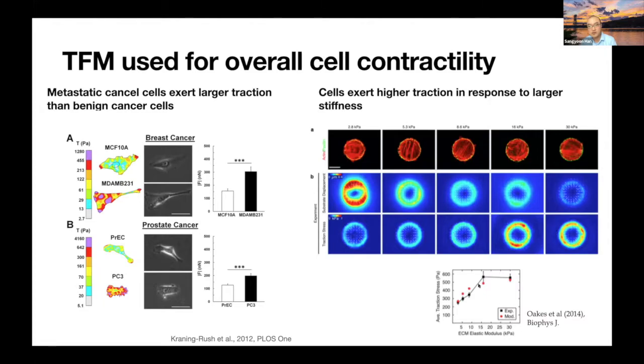They found that there's an increase in traction stress up to about 16 kilopascals of Young's modulus, and then it stays there at the higher stiffness regime. They also found that cell area is important for the overall traction force. So traction force microscopy has been used for such overall cell contractility measurement.